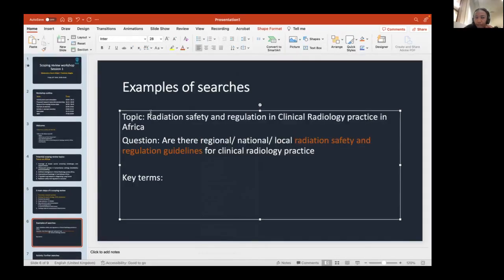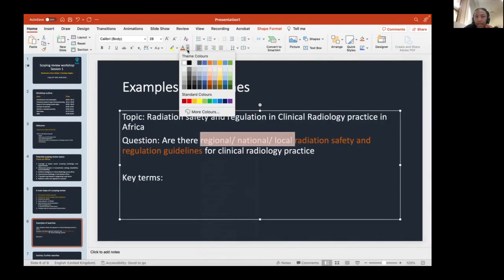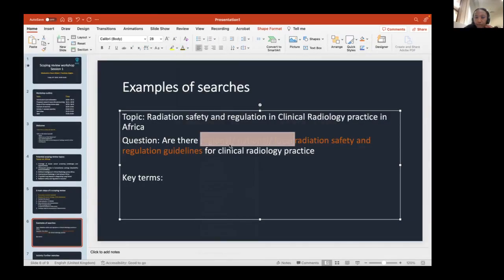We are talking about Africa in general, but you're looking for anything that looks at maybe regional, local, and this specifies the field. So this would exclude things like, we're not interested in things like clinical oncology.